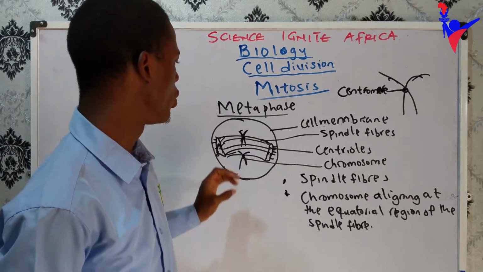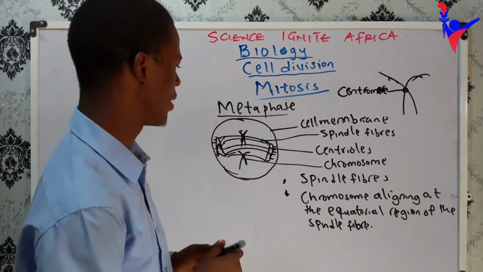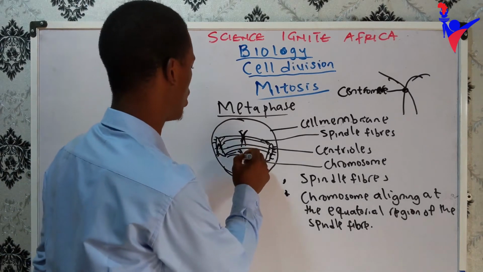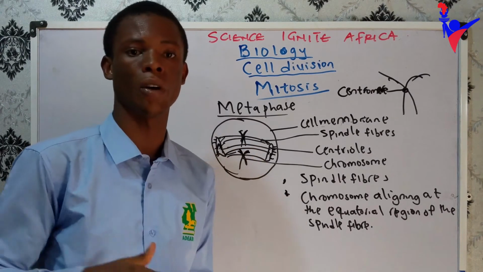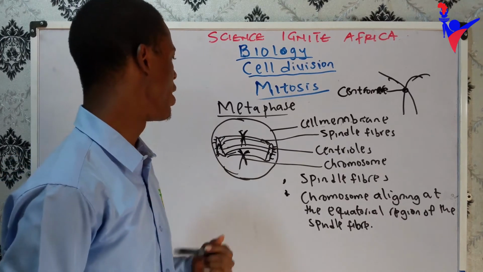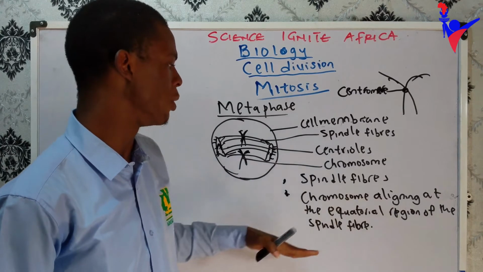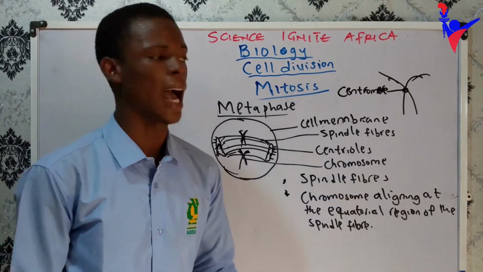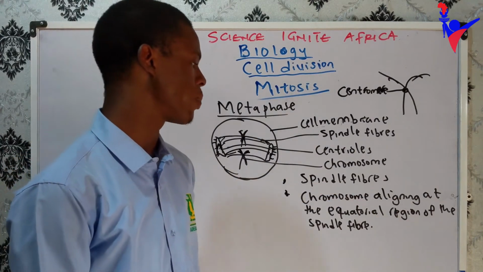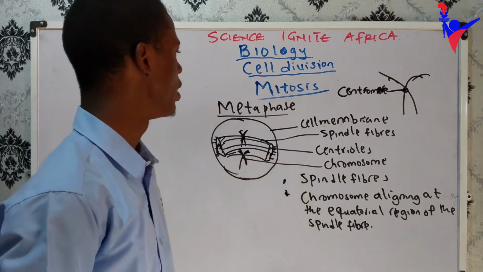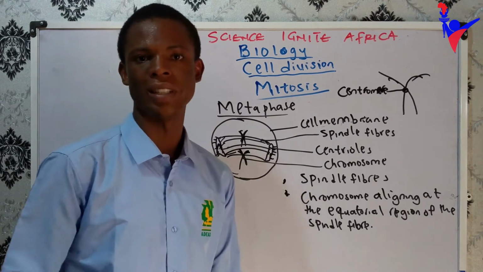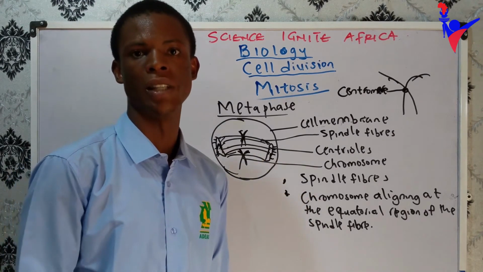You have your chromosomes, which consist of two sister chromatids. You can see the spindle fibers forming and chromosomes aligning at the equatorial region, and the cell gets ready for the next stage of mitotic division.